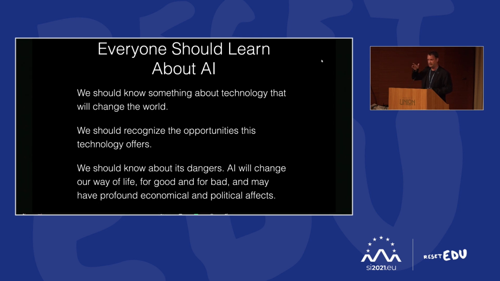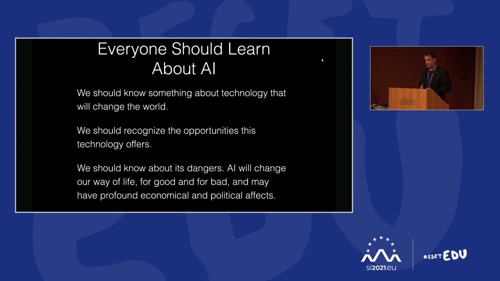I'd just like to say that if this is the case, and I strongly believe that it is, that a technology that is so pervasive can be dangerous as well, everybody should have knowledge about the concepts of AI, not only to their benefit, but also to think about how to use it ethically and how to steer the world towards a democracy and a society that is ethical and okay.